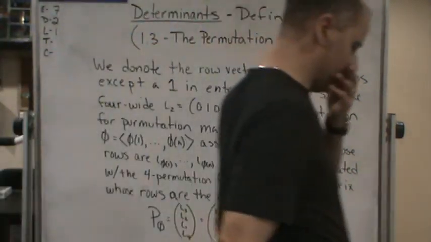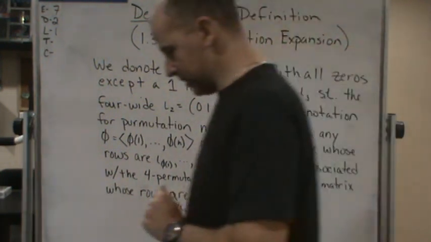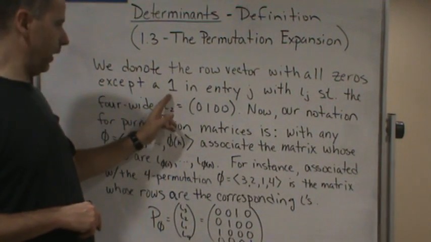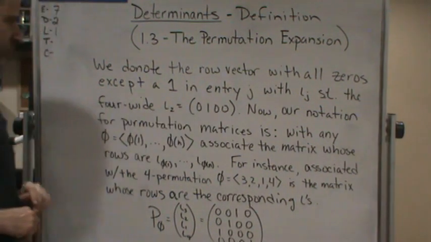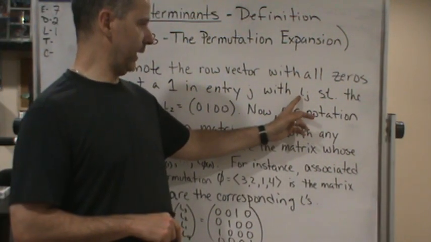Okay, so one thing that we're going to introduce now is a new notation that we're going to use when it comes to permutations. This is going to be dealing with a new function, if you will, but we're going to denote the row vector with all zeros except for a single one in the jth entry with this iota sub j.